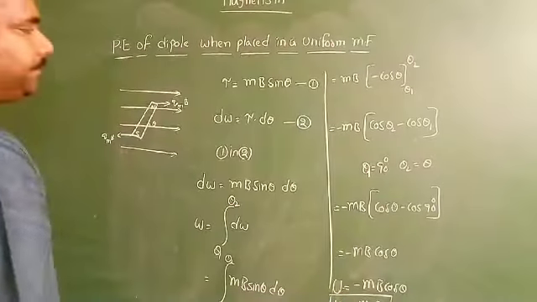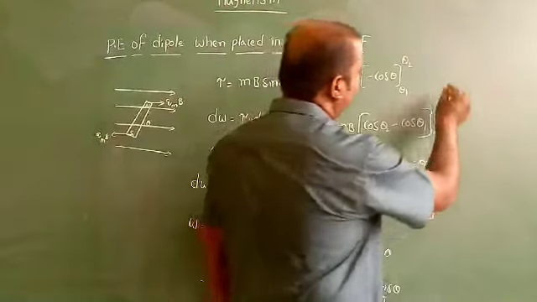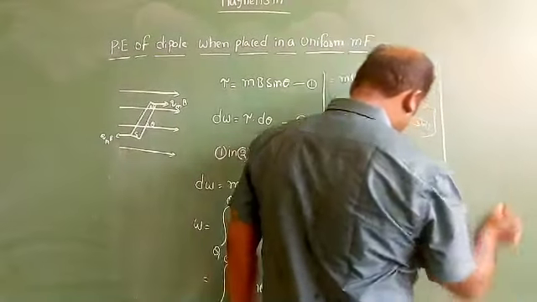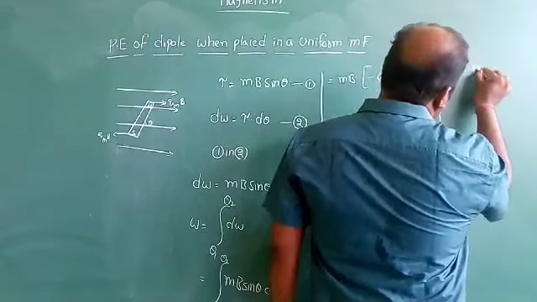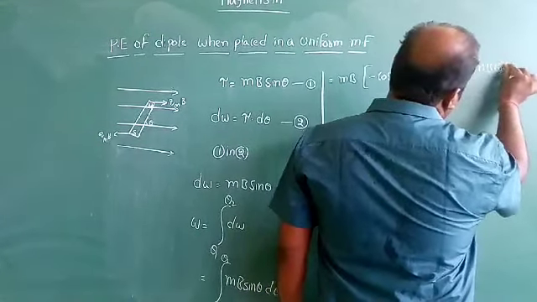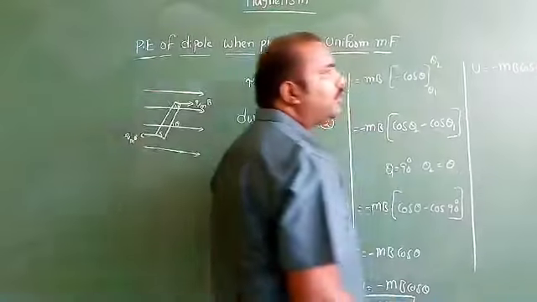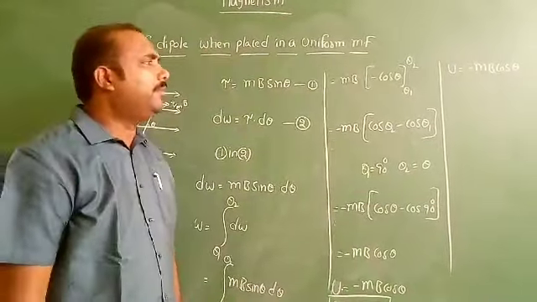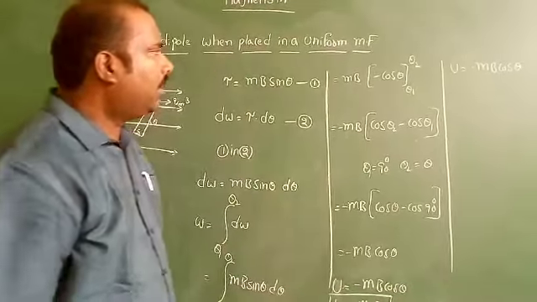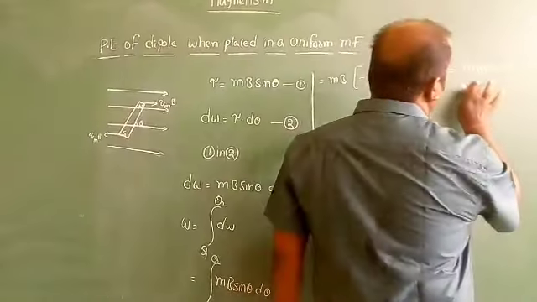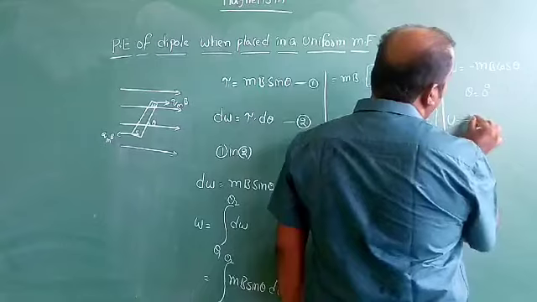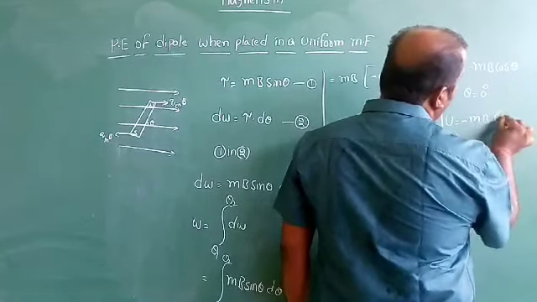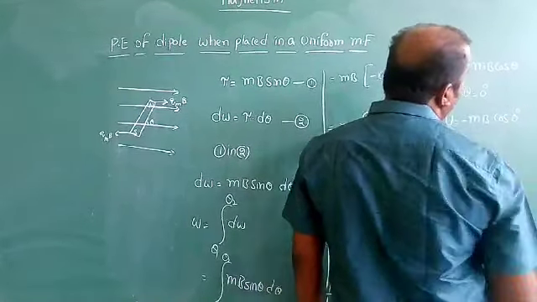Now see here, U is equal to minus mB cos theta. In such a case, first, if theta is equal to 0, U is equal to minus mB cos 0.